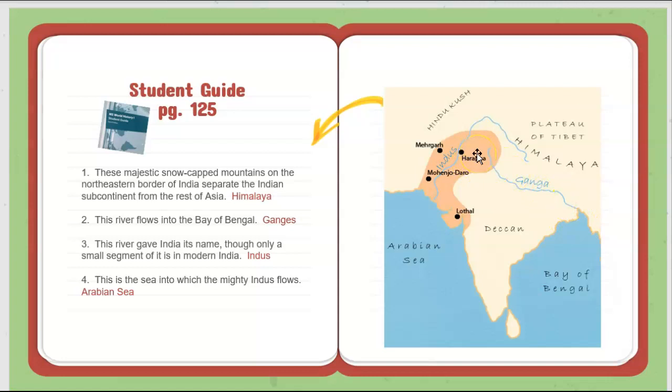The river that gave India its name, though only a small segment of it is in modern India, is the Indus. And this is the sea into which the mighty Indus flows, the Arabian Sea. Unlike the Nile, like most rivers, it flows from north to south, down into the Arabian Sea.